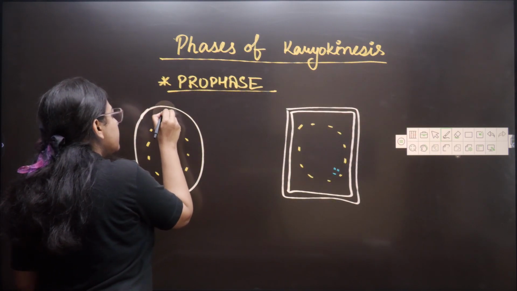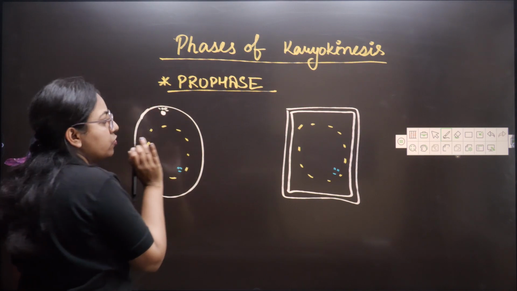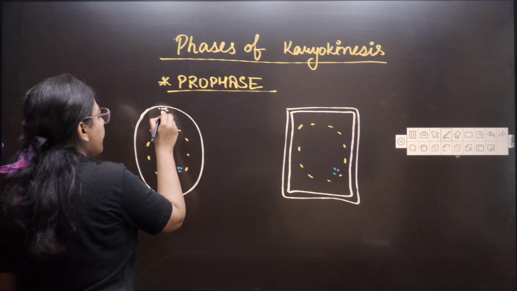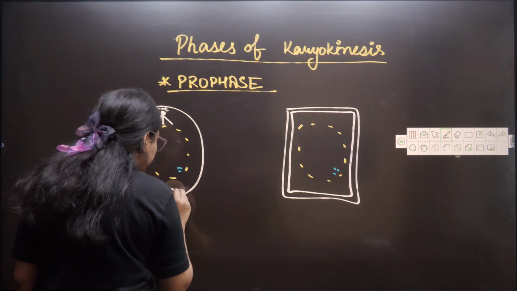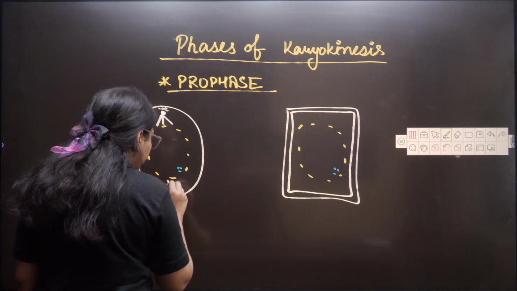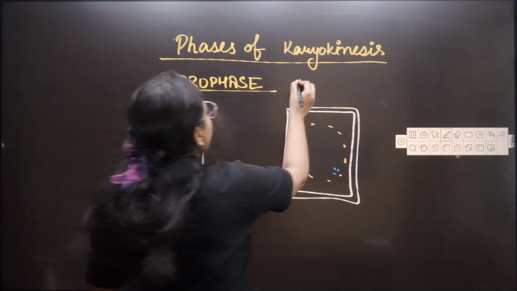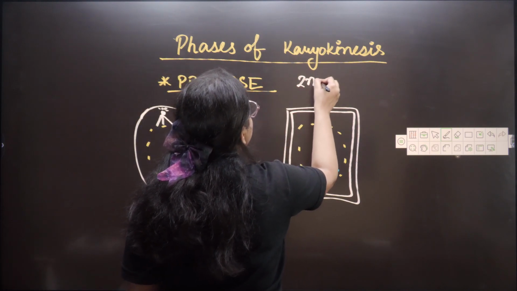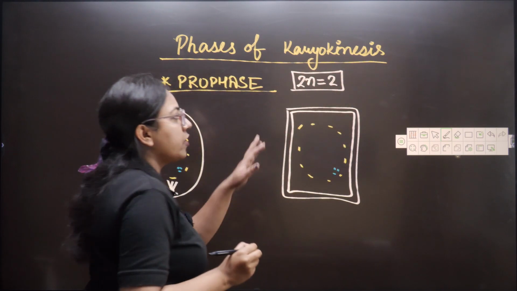Then we'll draw the centriole and the aster, and this is only in the animal cell. And then there is the spindle fiber. Same thing here. Here we are making the total number of chromosomes 2, the easiest one, that is why we are drawing that.